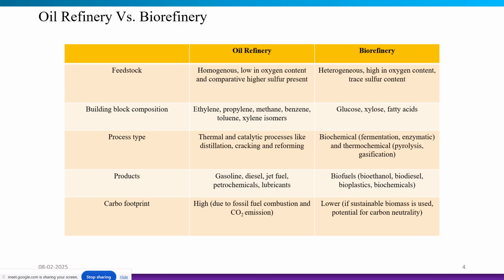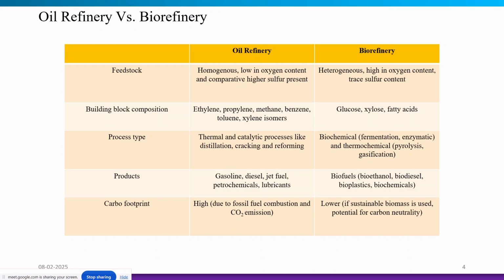So considering the first point, that is feedstock, when we are considering the petroleum oil refinery, those are homogeneous in the sense that when we are getting petroleum oil from a particular source, the composition of those petroleum might be homogeneous in nature.